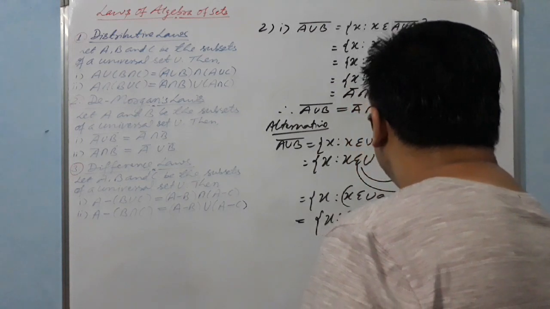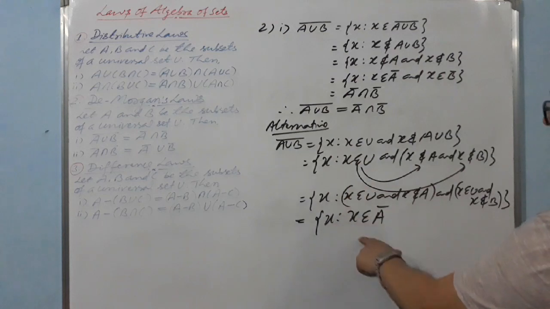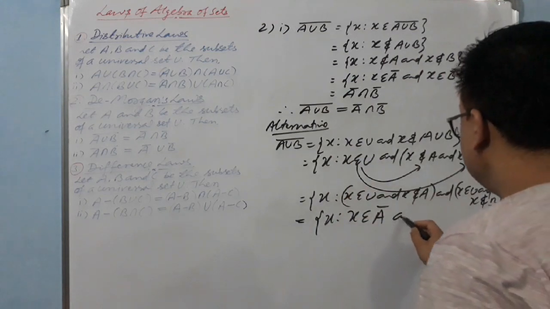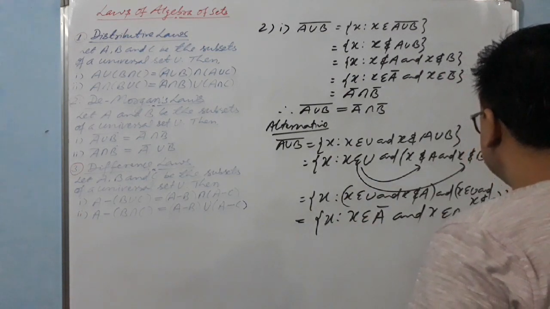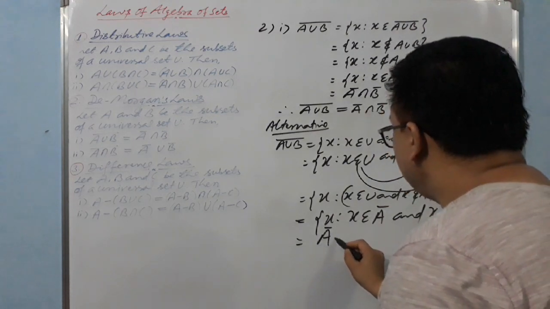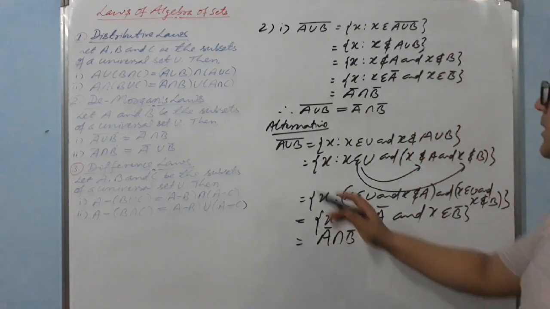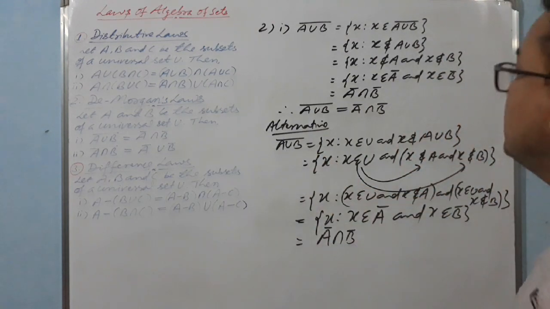X belongs to A complement. This is the definition of a complement. So you can write A complement and X belongs to B complement, and finally you will get A complement intersection B complement. Therefore, left hand side is equal to right hand side.